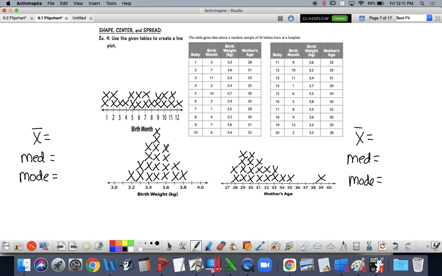Check your work with each other here because I don't have them written down this way.